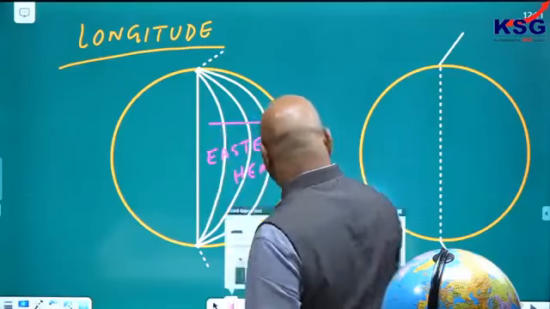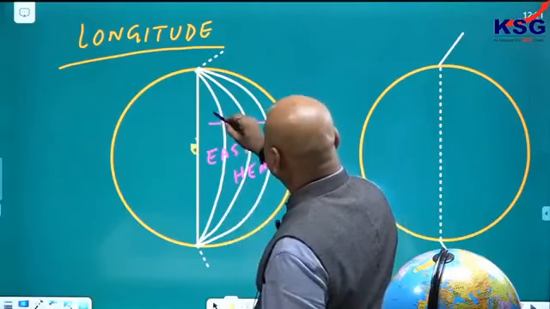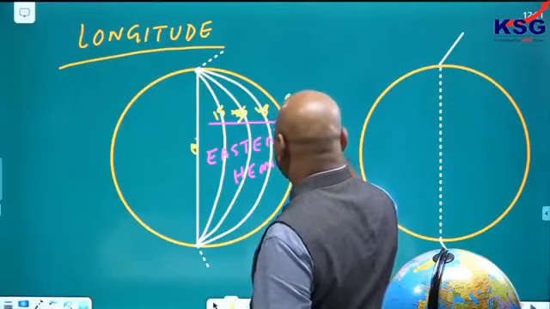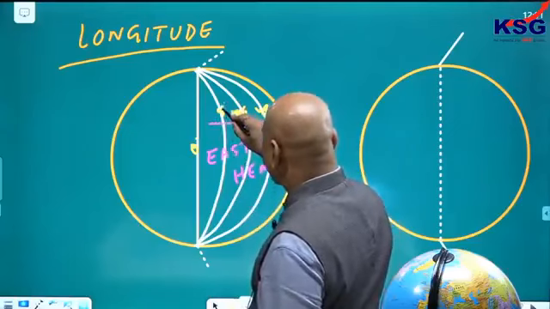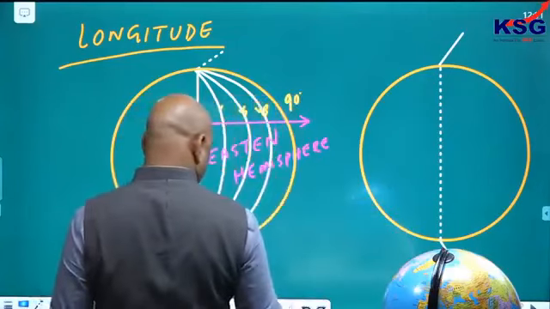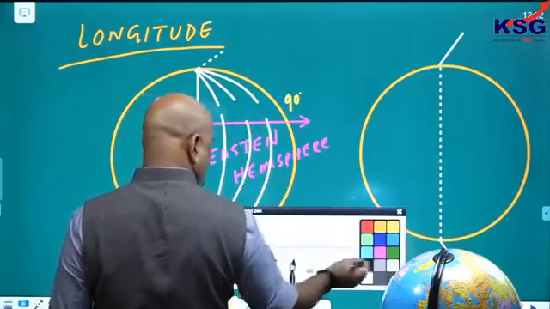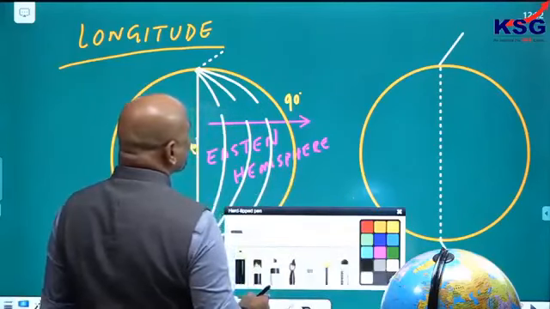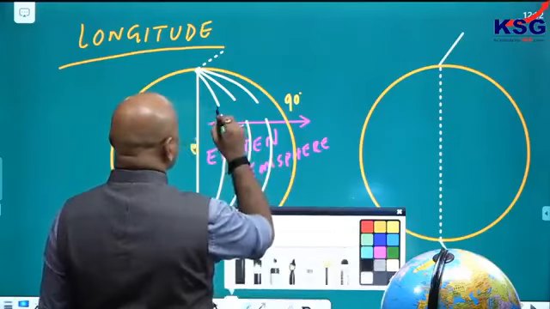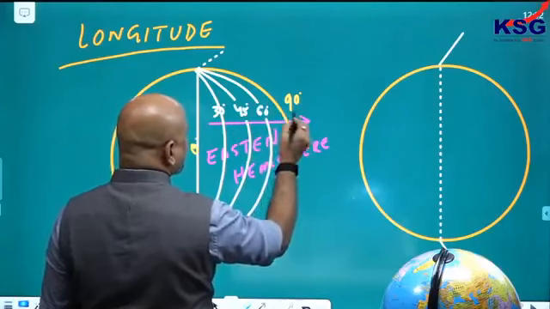Extend from here: if this is 0 degree, then this is 15 degree, 30 degree, 45 degree, 60 degree, and this is 90 degree.